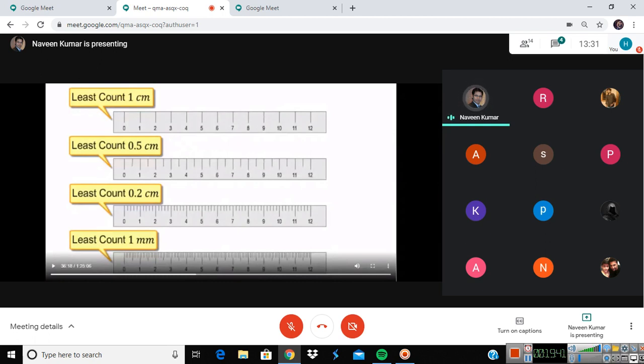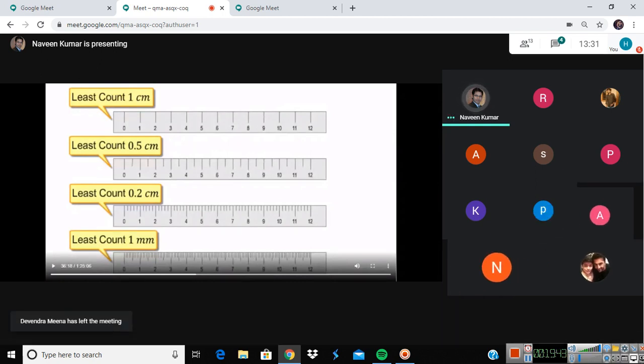Now here in front of you there are 4 scales. These 4 scales are used to measure length. The only difference between these 4 scales is of least count. In the first one, least count is 1 centimeter. That means the minimum value that we can measure out of that first scale is 1 centimeter.